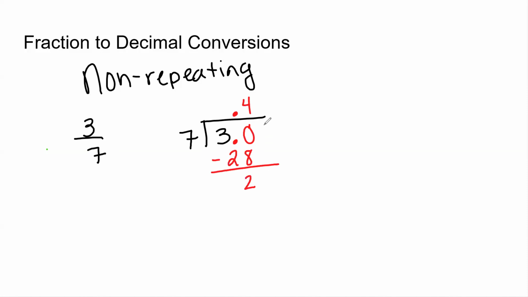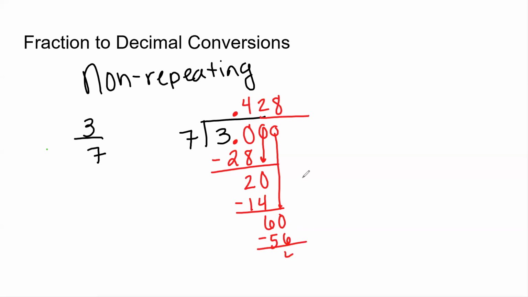Subtract, that's 2. Put your 0, drop down. 7 goes 2 times, which is 14. Subtract, put your 0, drop down. That'd be 8 times. See why you need to know your times tables. Very important. Drop down. That would be 5 times.